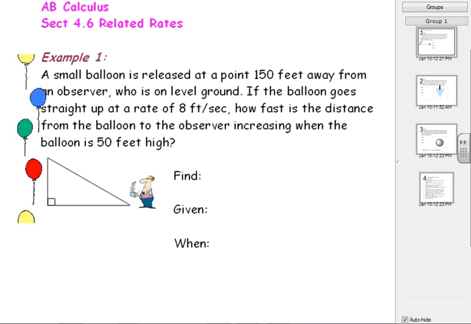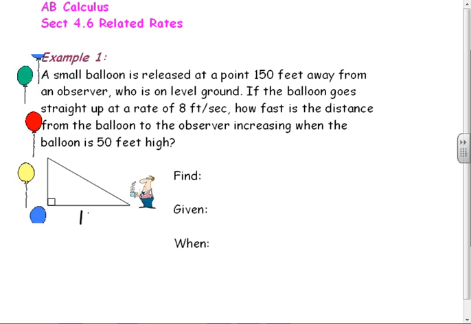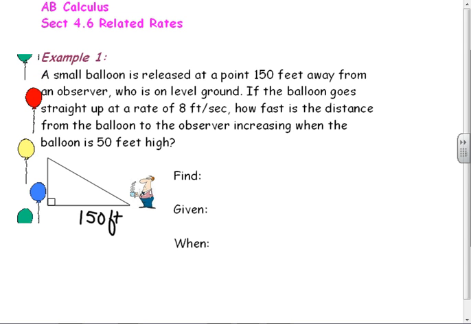So first, I just read it. And I'm going to read it more carefully now. I have a balloon. We're going to release it. This is 150 feet. So label that. We label things that are constants.